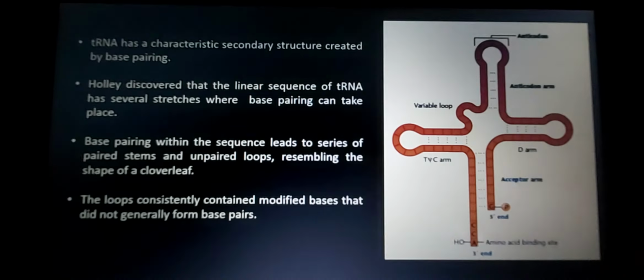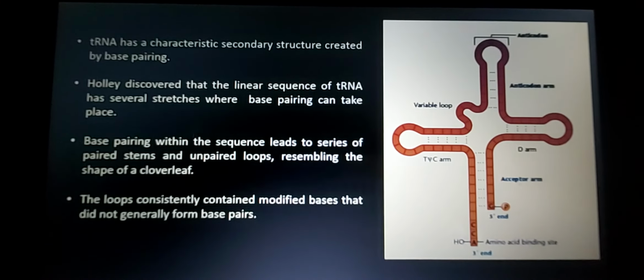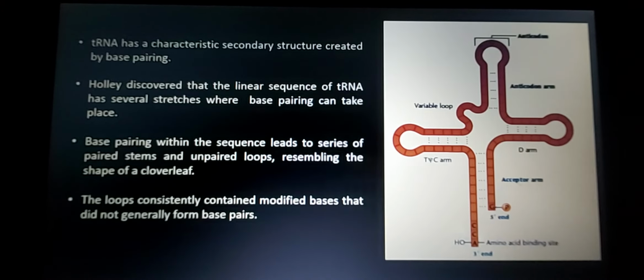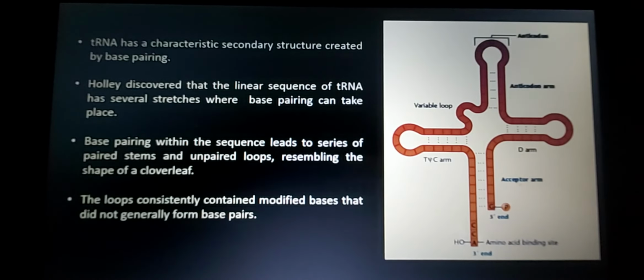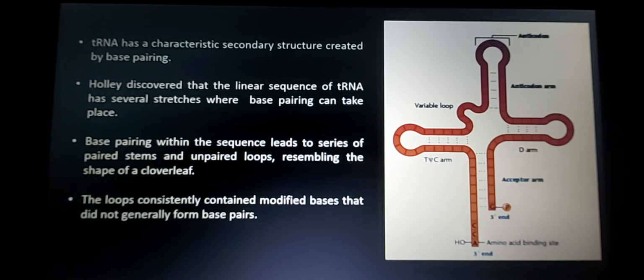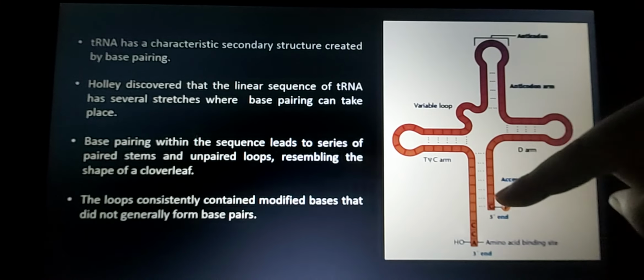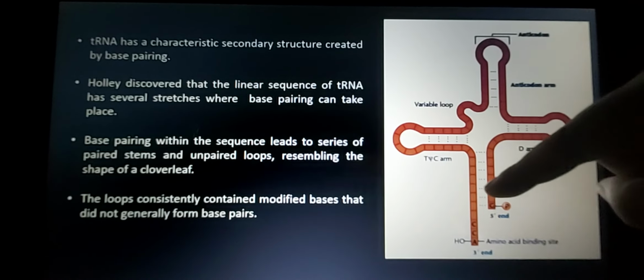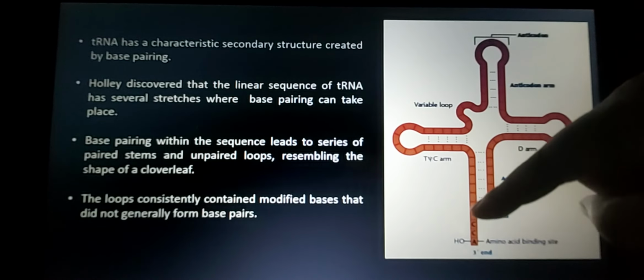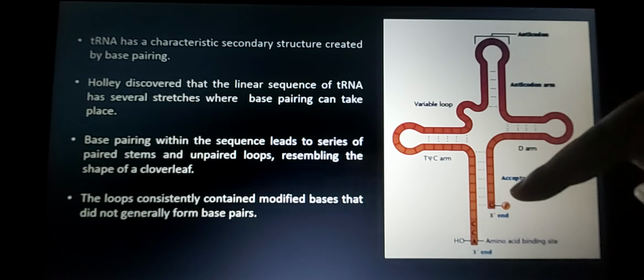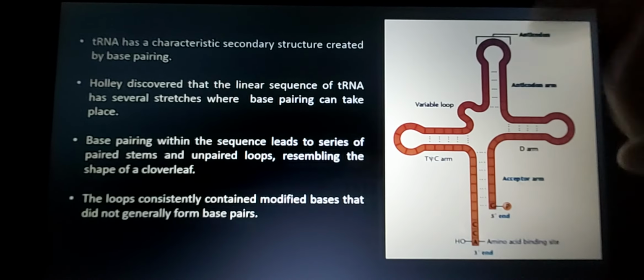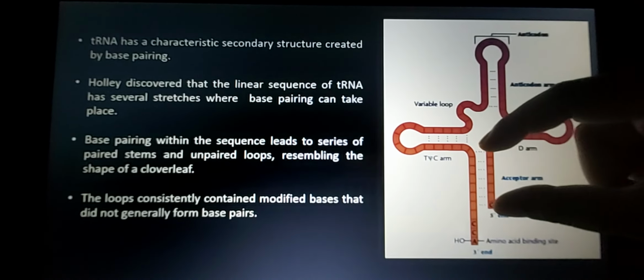Now, apart from these, tRNA also has a characteristic secondary structure. Why the secondary structure? Because if you look at the linear sequence of tRNA, there are many stretches which have the propensity of base pairing. Because of the presence of complementary bases, this linear sequence gets folded into such a structure, and we call this the cloverleaf model of tRNA. There are many stems and many loops.